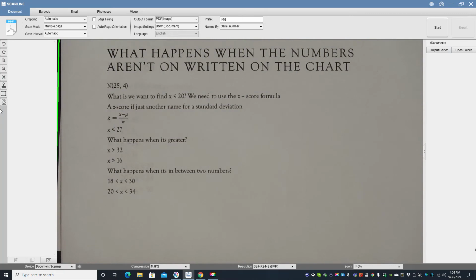So I'm actually going to break out one of my notebooks for this. So I want to do x is less than 20.